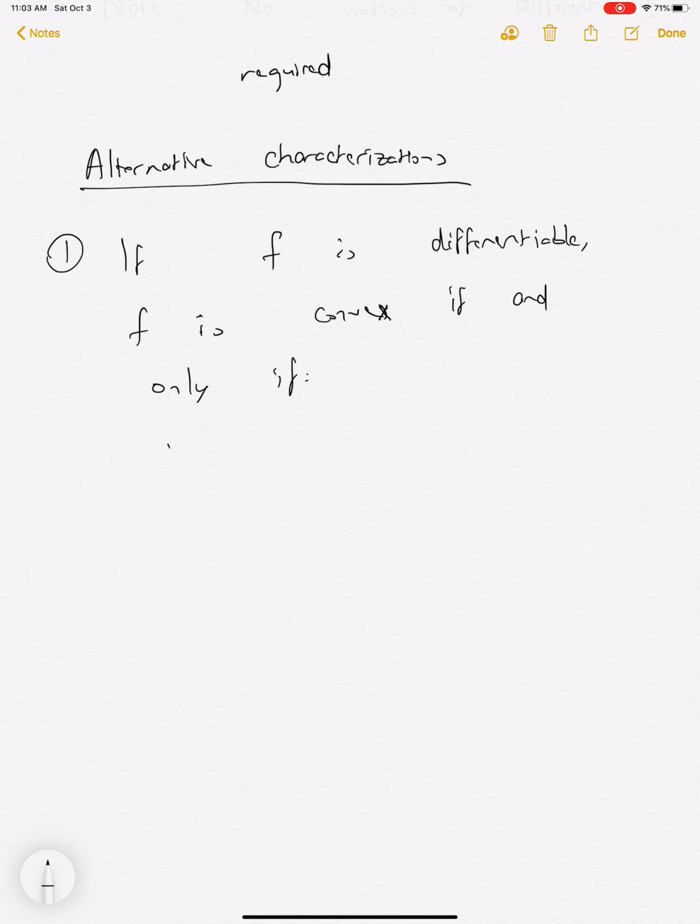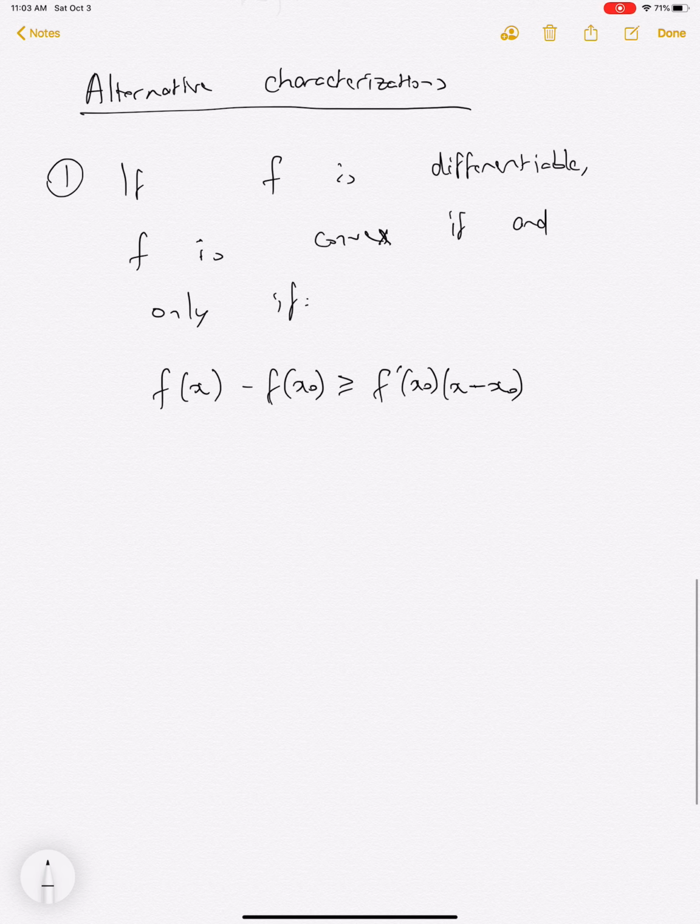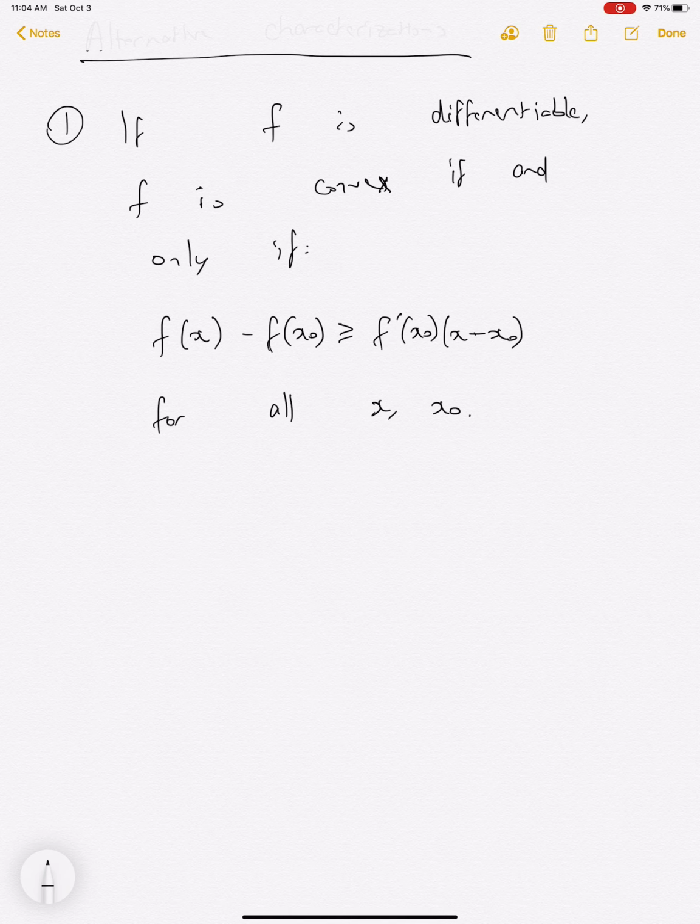Okay, so what I'm saying here is, f prime of x is the derivative.